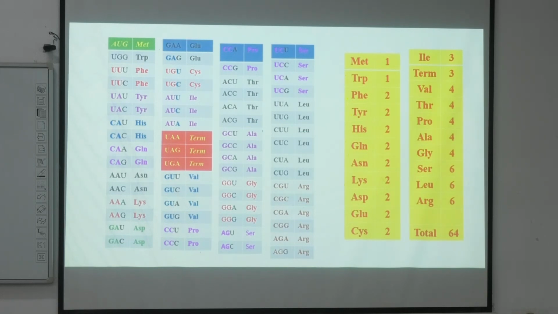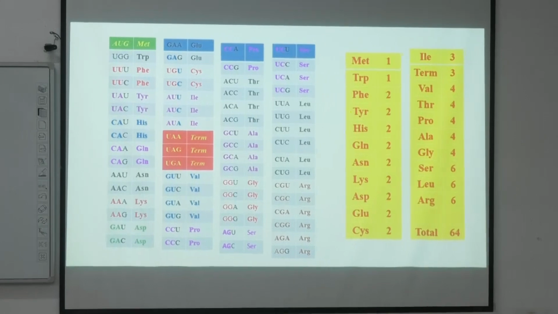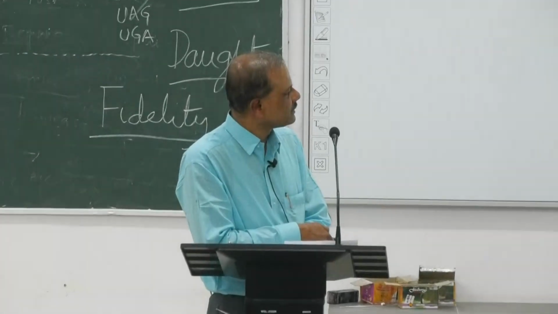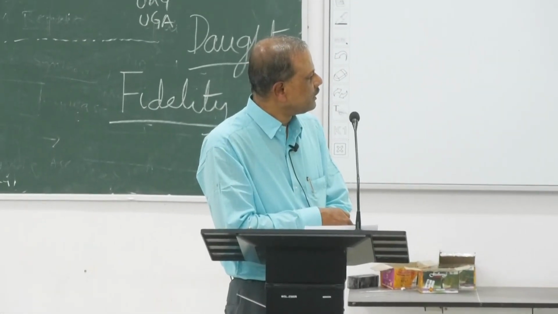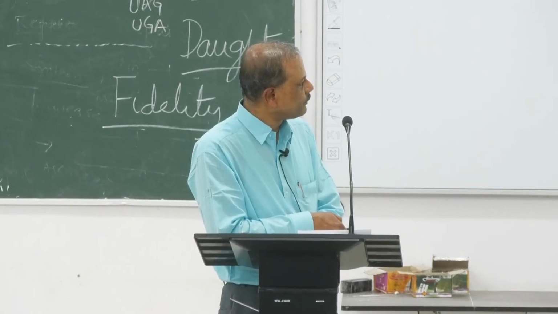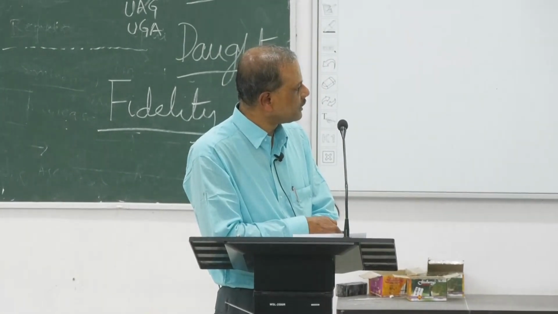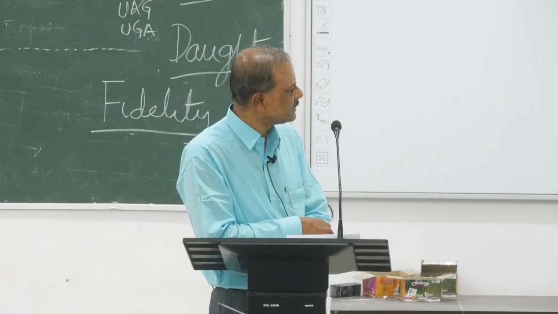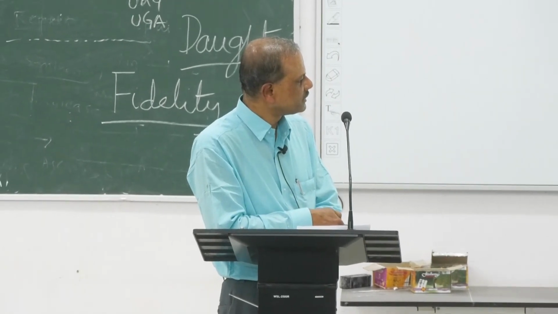You see, there is only one structure, that is A, but you must remember. So, 6 codons are there for some amino acids, 4 for others, and 6 codons are for 3 amino acids.